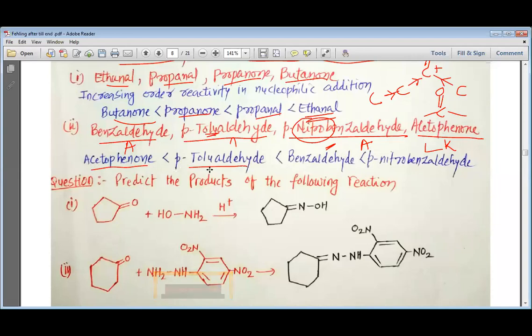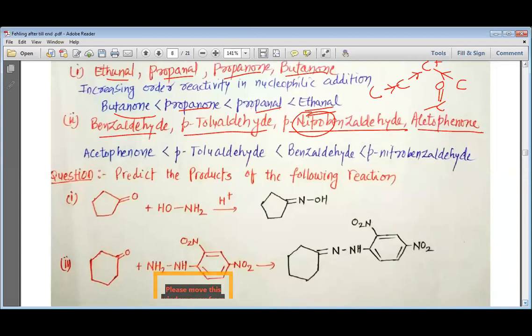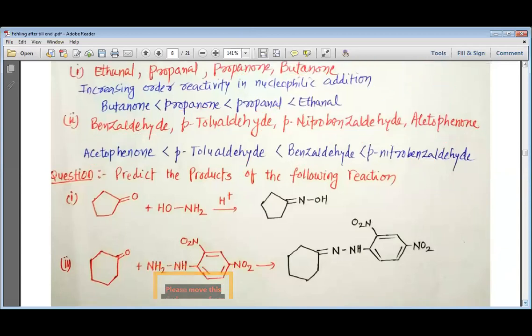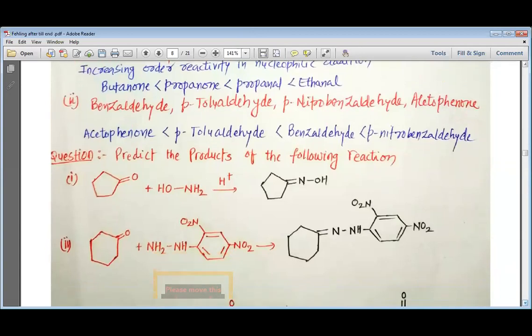Then comes para-tolualdehyde, because the methyl group decreases the positive charge on the carbonyl carbon, then benzaldehyde, and the nitro group increases the positive charge on the carbonyl carbon because it is an electron withdrawing group. So this is how, my dear students, we can easily study the various electronic effects and arrange the various compounds in increasing order.